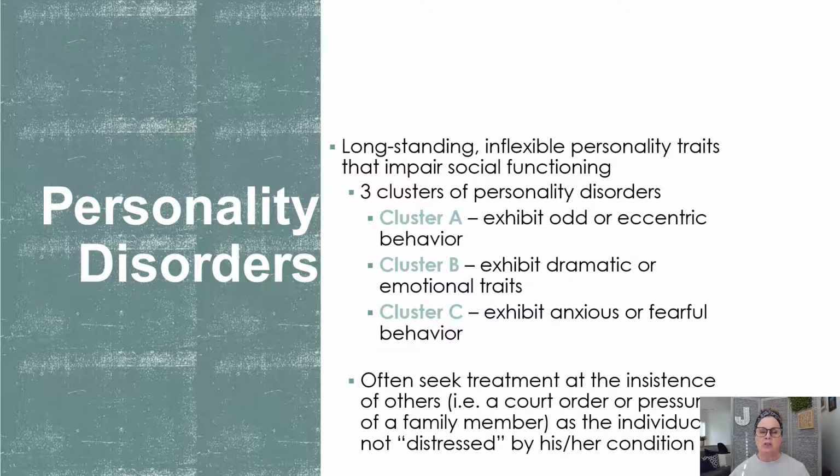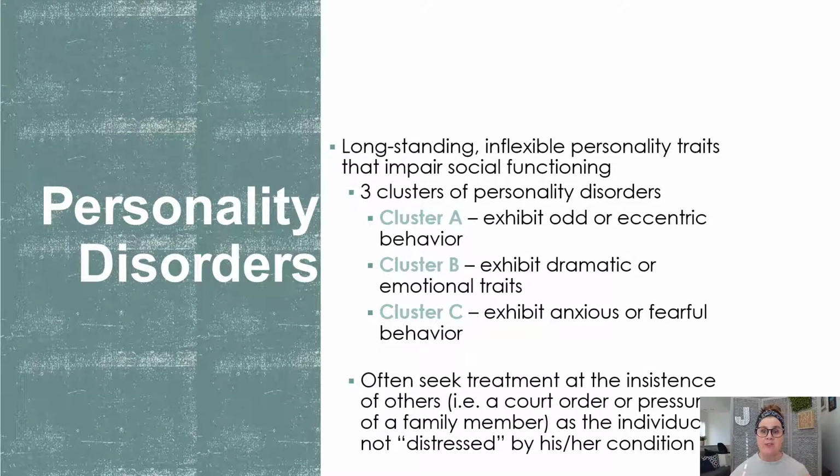Now, in terms of how these people are identified as having personality disorders, typically it's because there has been some outside entity, whether it's family or possibly even the court system, who has told them that they need to seek treatment. So their personality is their own. And that's just who they are.